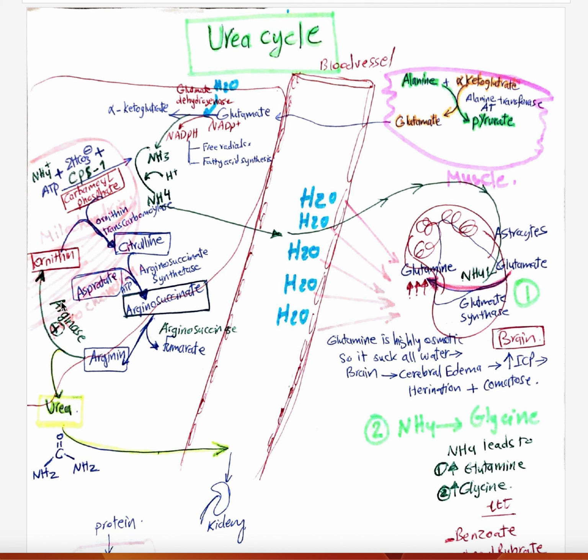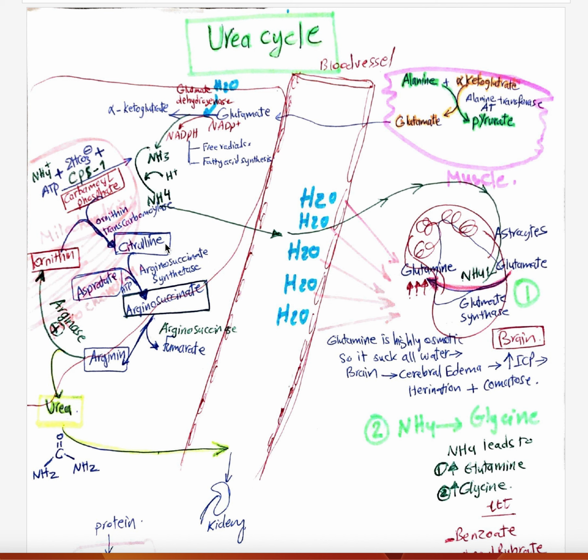So again, let's review the urea cycle. We use ammonia and CO2, with the help of the enzyme carbamyl phosphate synthetase enzyme 1, which is the rate limiting enzyme of the urea cycle, with the cofactor N-acetyl glutamate, and that leads to carbamyl phosphate. Then we enter the cytosol of the hepatocyte. The carbamyl phosphate with ornithine, by ornithine transcarbamylase, leads to the formation of citrulline.